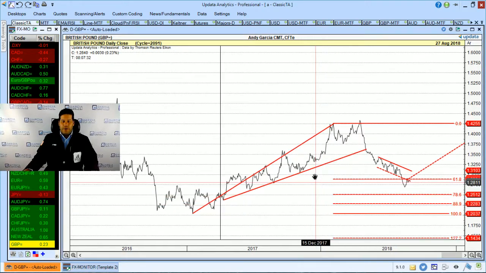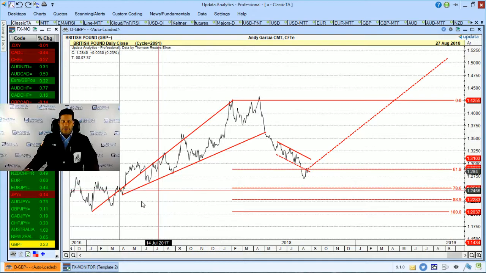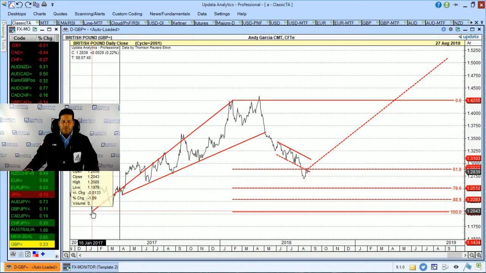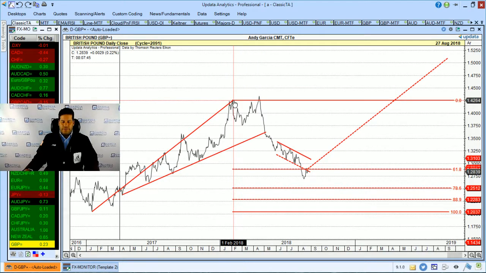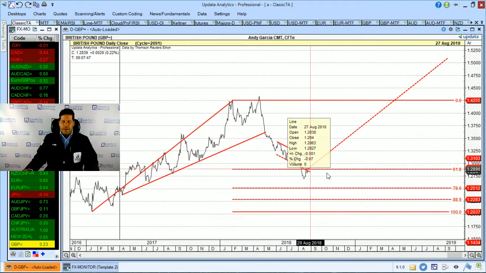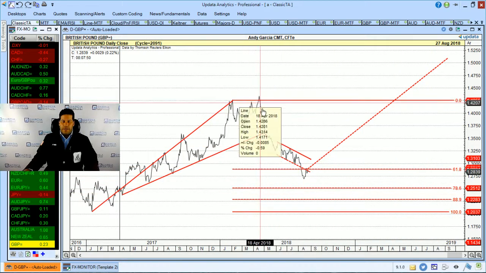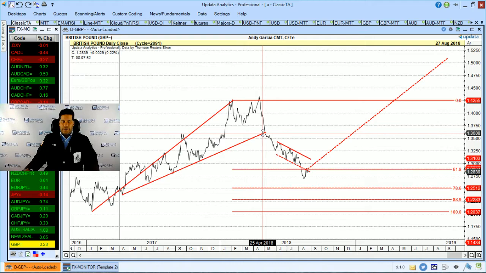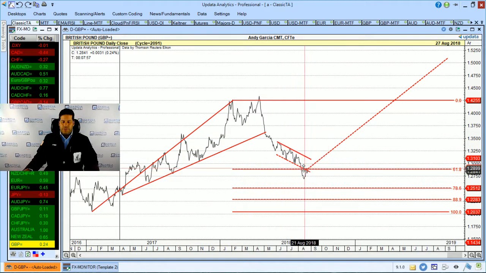But in the meantime, what I've done is I've taken a measurement here of this low from 2017 to this high going all the way to the 1st of February 2018, and you can see here the Fibonacci levels that we're trading around. Market came down, broke below this trend line here, has been trading into this support zone.